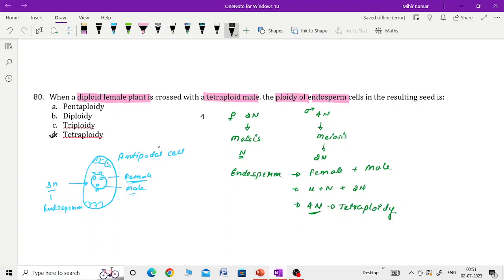If the female is also tetraploid, then after meiosis it forms 2n, so 2n plus 2n plus 2n, meaning 2, 4, 6, that is 6n, hexaploid, if the female is also tetraploid.